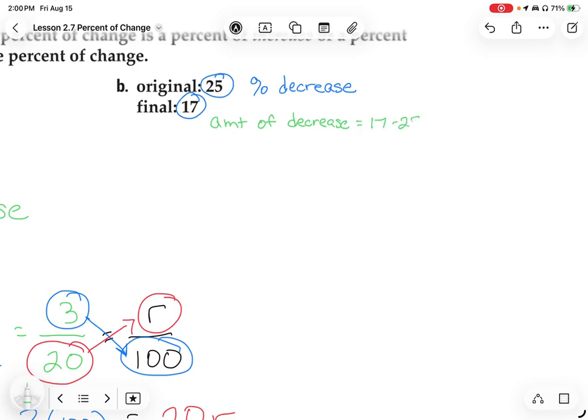We started at 25. That means we went down 8. So just like in the previous problem, our original ratio is going to be the amount decrease over the original. And to figure out the percent, we're going to set that equal to r over 100.